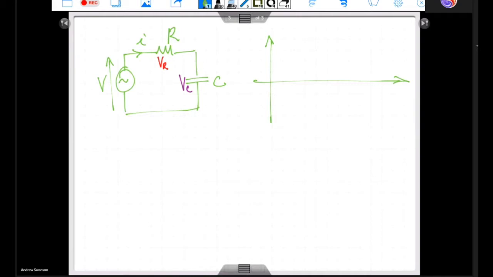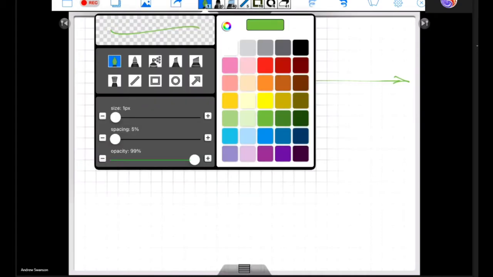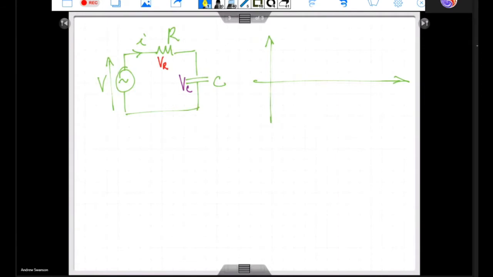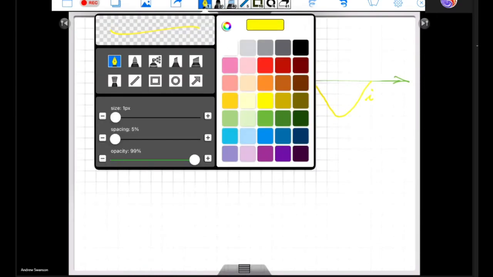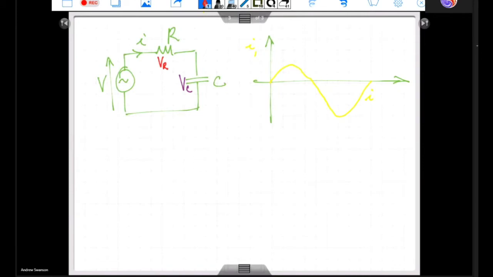This time, let's see if you can see the yellow. I'm actually going to start with the current. Next, I'm going to plot the voltage across my resistor. Right, what you can see is that it's in phase with the current.